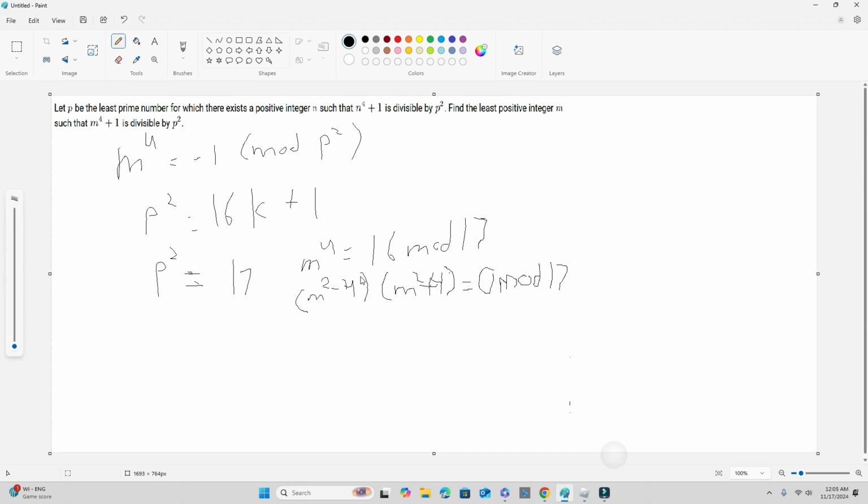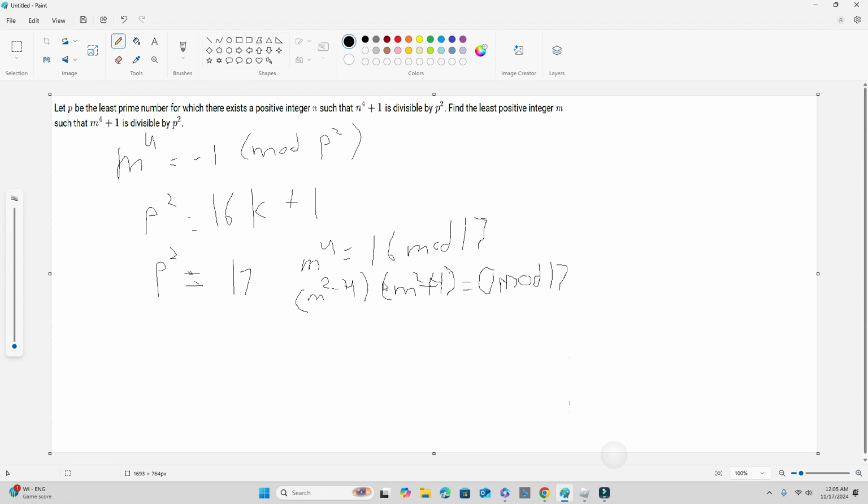Now next we can conclude what m squared would have to be in this case. Since we're getting the 0 mod 17 and we're always trying to look for the lowest possible answer, we know that m squared would have to be 13 in this case, because 13 minus 4 times 13 plus 4.